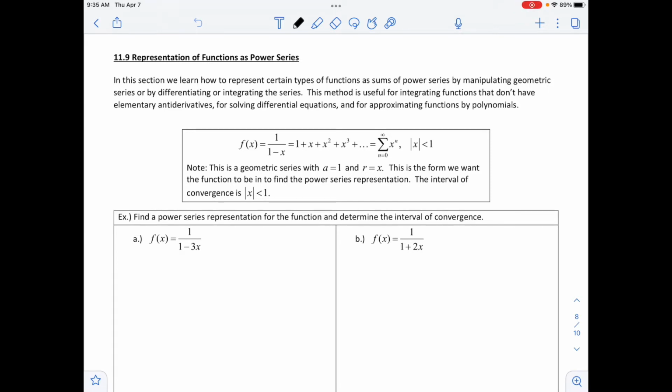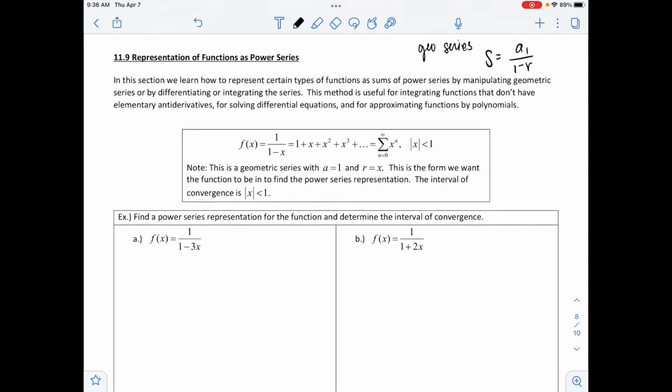So remember that a geometric series was able to have a sum rewritten as a1 over 1 minus r. Remember that a1 was that first term and r was that common ratio. That was what we were using to multiply from term to term.